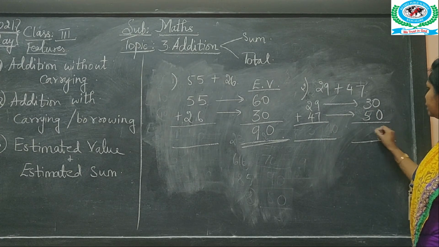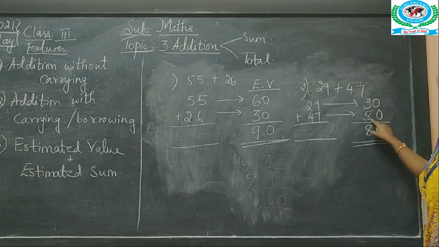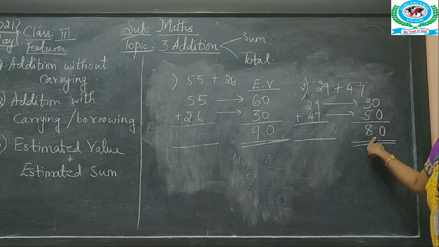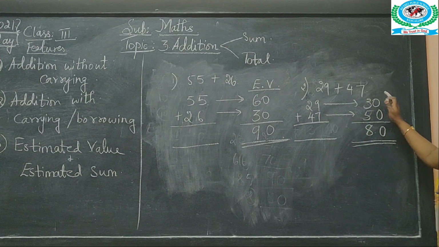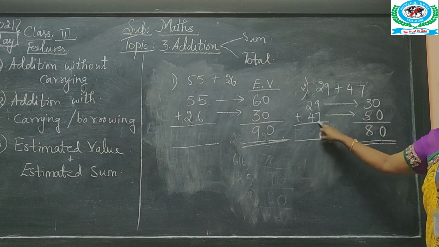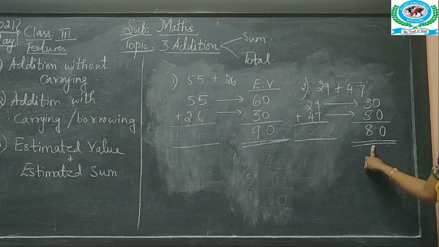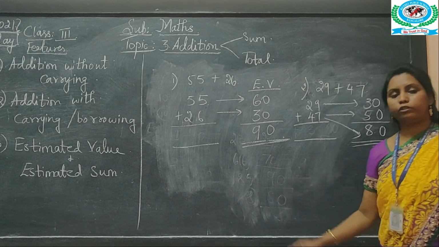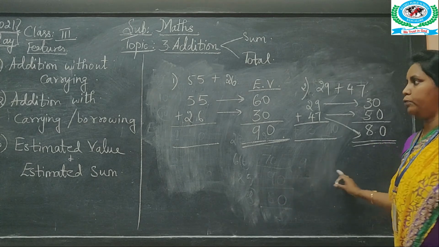So the estimated sum of 30 and 50 is 80. The sum of these estimated values of 29 and 47 is 80. Understood? This is how you find the estimated value.